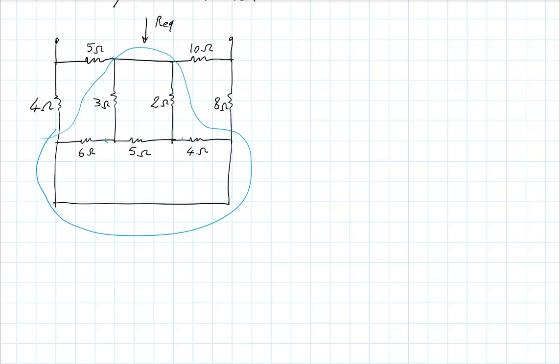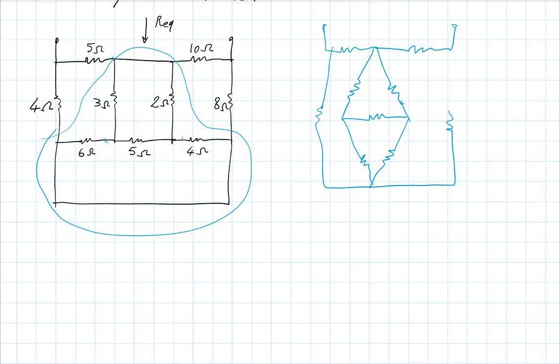So if I redraw this, I have this, this, this, this. I've just basically shortened this long wire at the bottom, right? So I have that connection. And then I have the other stuff around it. Let's make sure I'm doing this correctly.